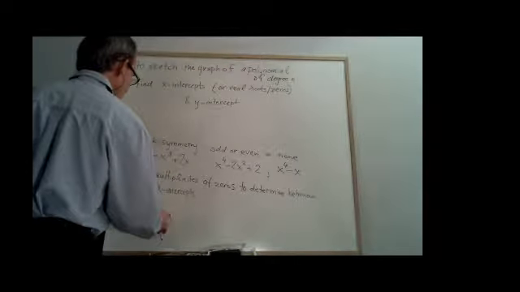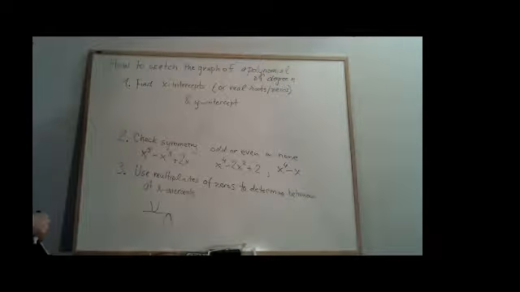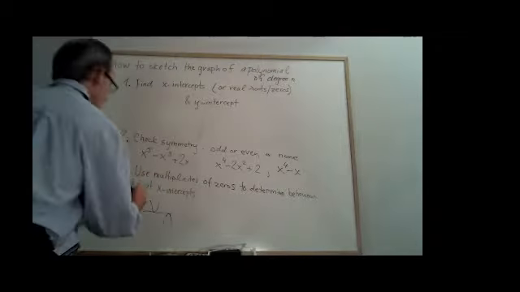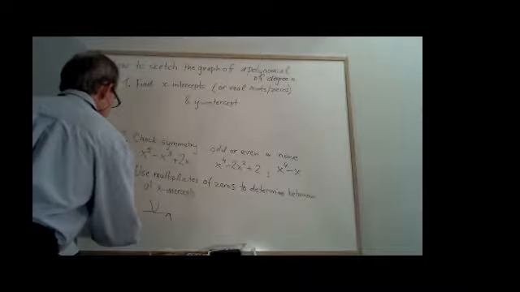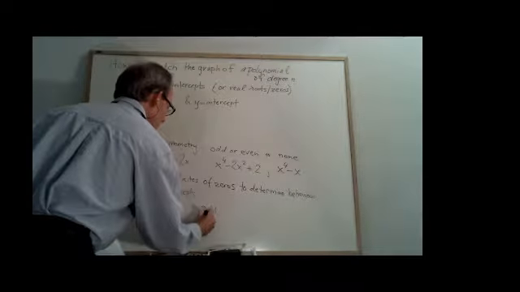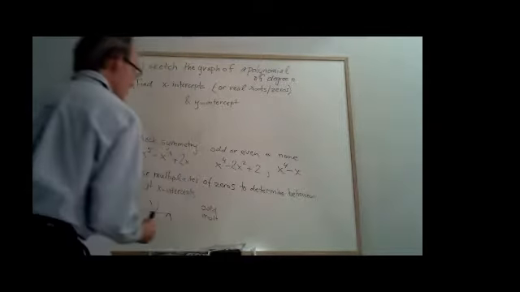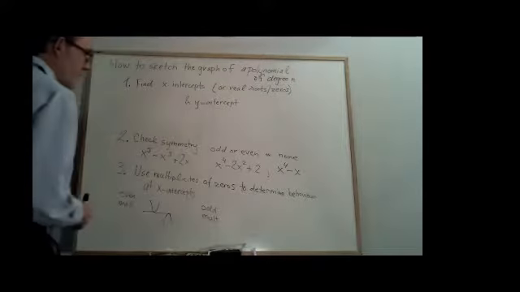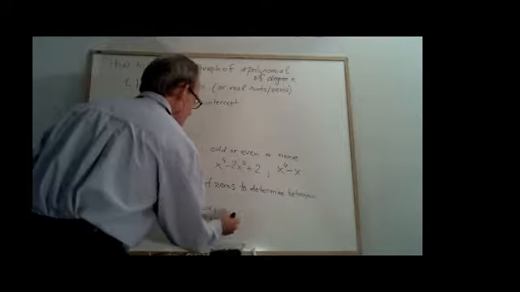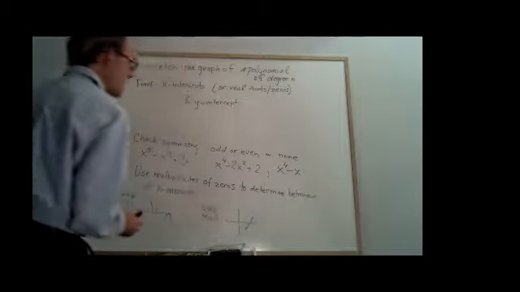Okay. And if it's an odd multiplicity, so these are even multiplicities. If it's an odd multiplicity, then the factor will be raised to an odd power. If it's a 1, it will simply cross the x-axis.